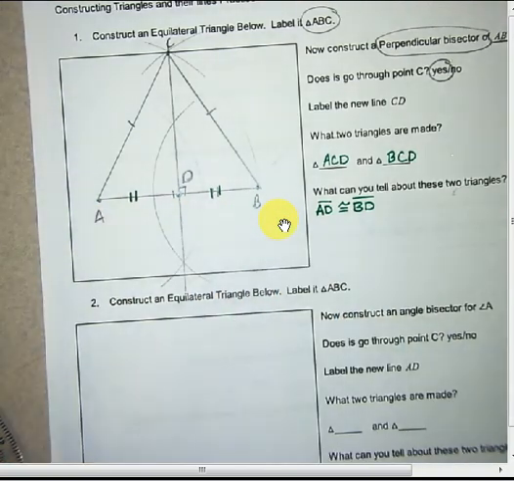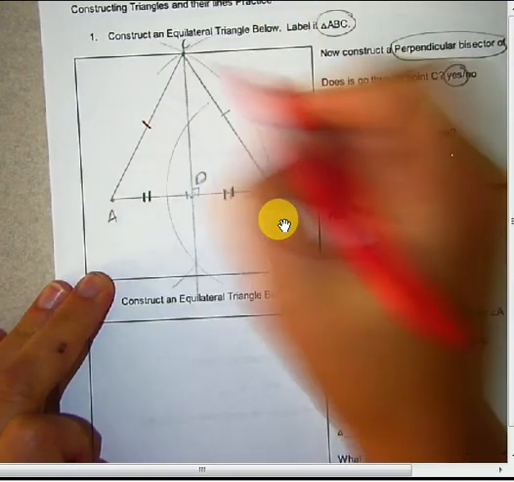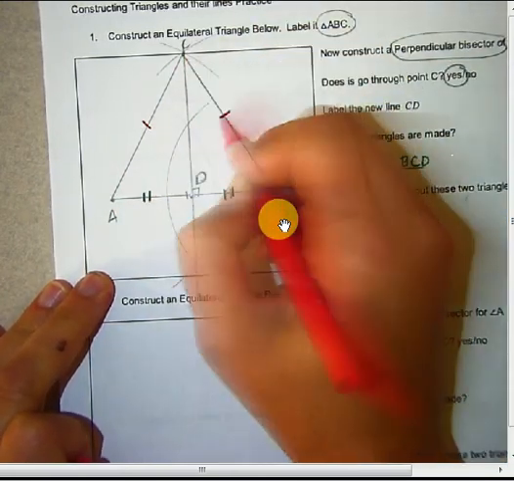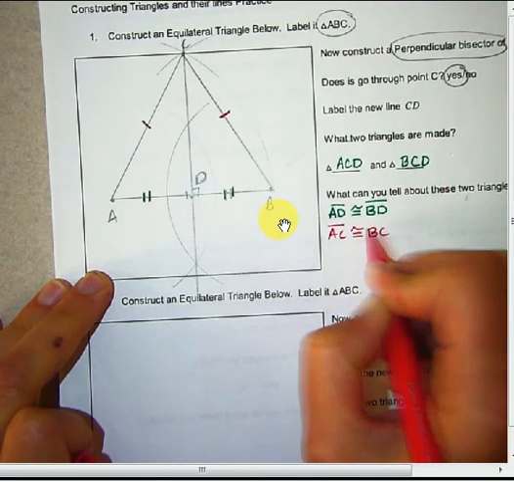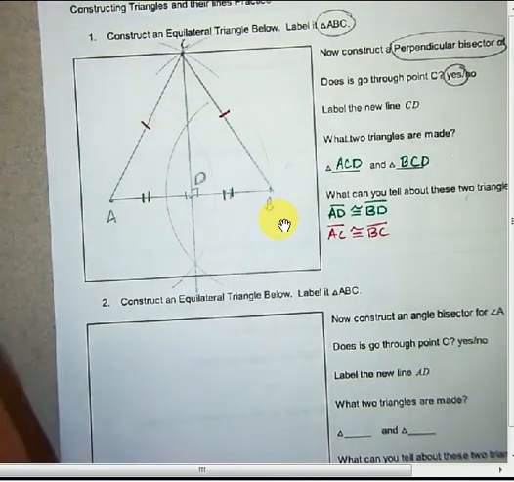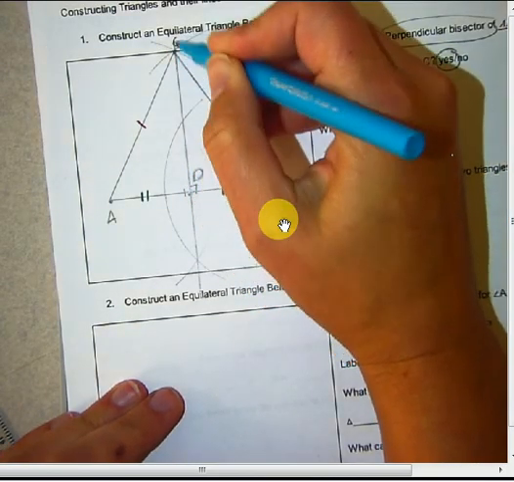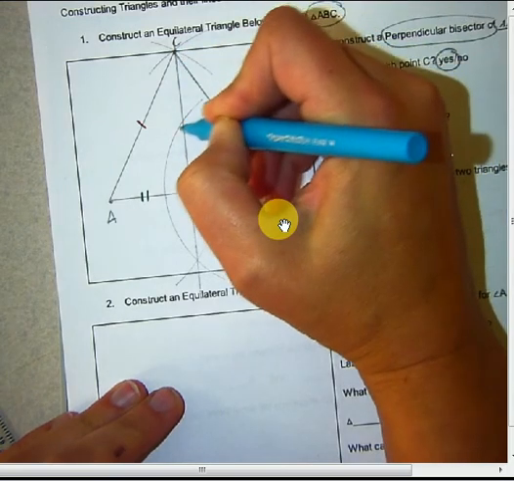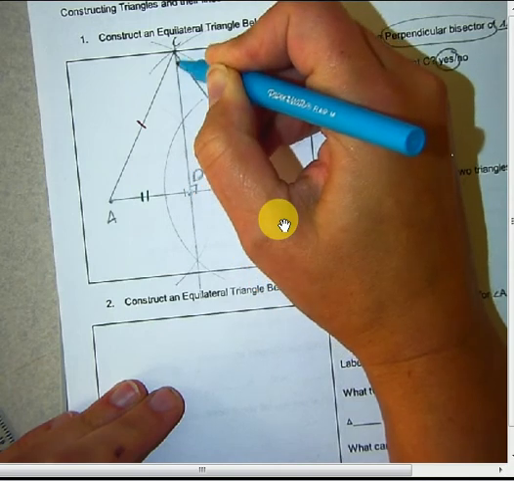Another one I see, because it's an equilateral triangle, AC is going to be congruent to BC. And this is kind of silly, but both of the triangles share this side, this CD. And CD is congruent to itself because it's the same line, right?